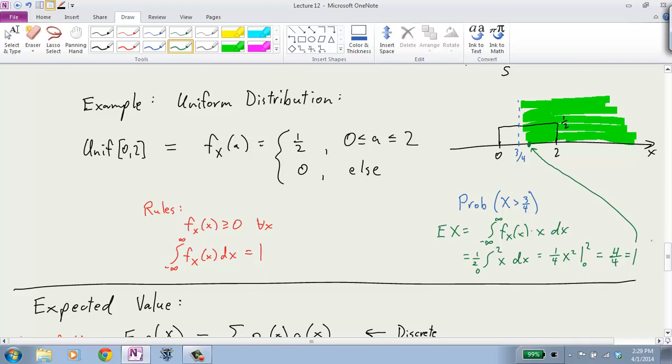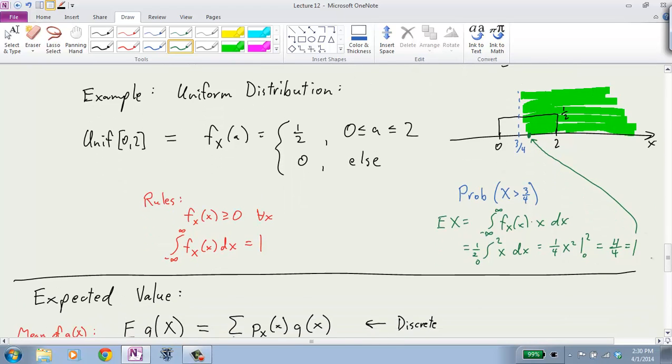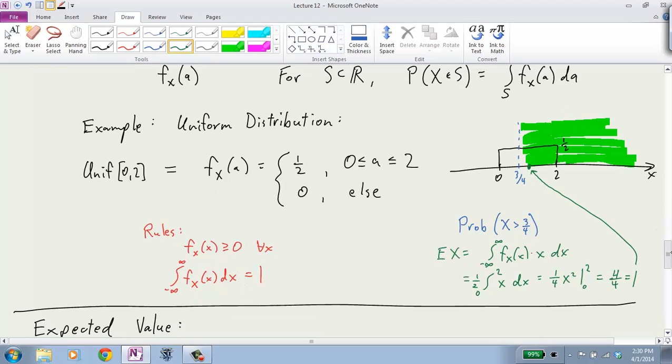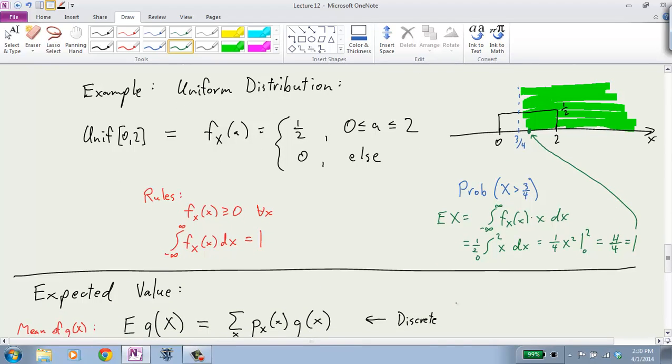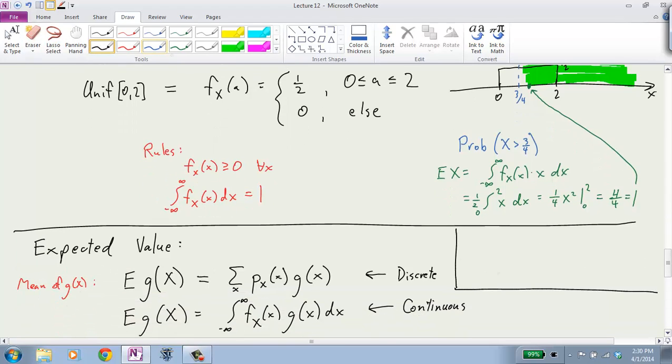So this uniform distribution, okay, don't really have room for it, but I'll put it here. Calculate it right there.